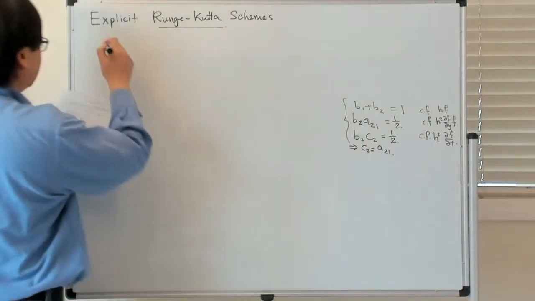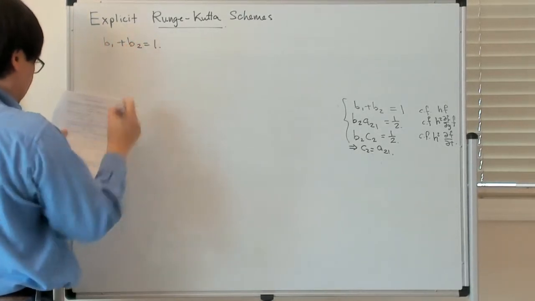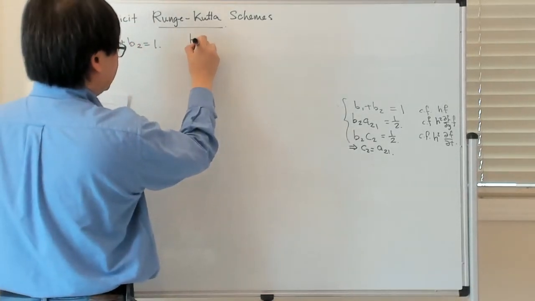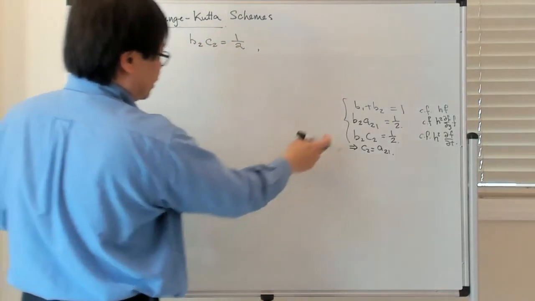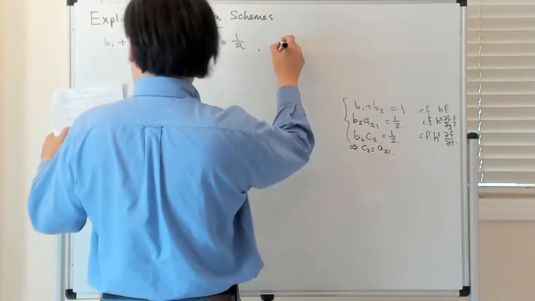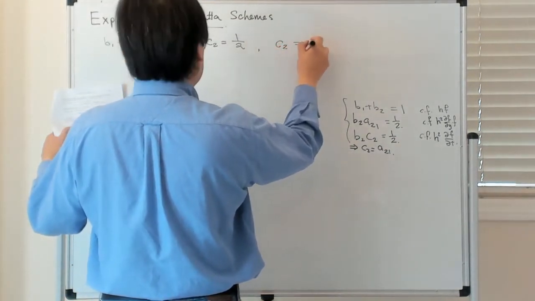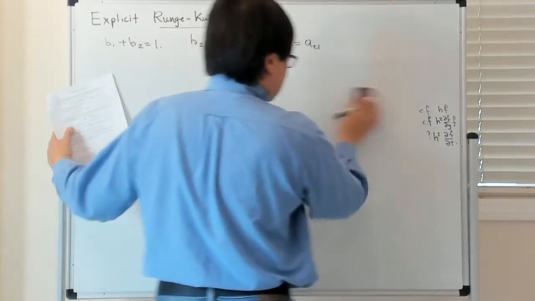So there's an order condition that says that b1 plus b2 is equal to 1. There's an order condition which says that b2 c2 is equal to 1/2, and these two imply that c2 is equal to a21. So let's write it as c2 is equal to a21. Okay. All right.